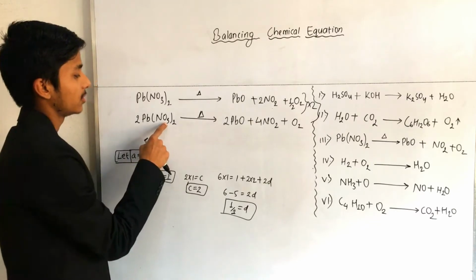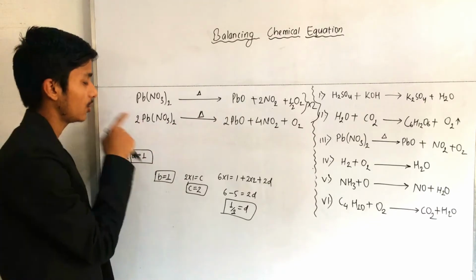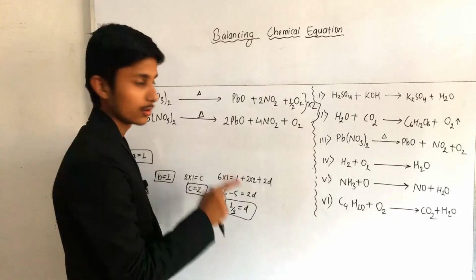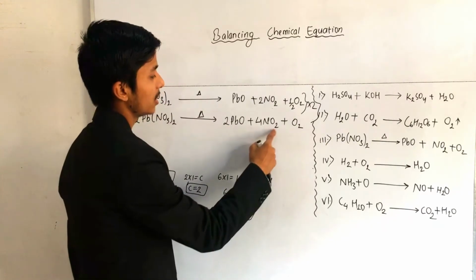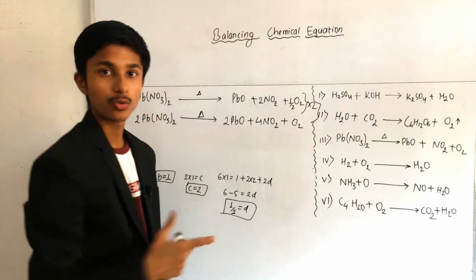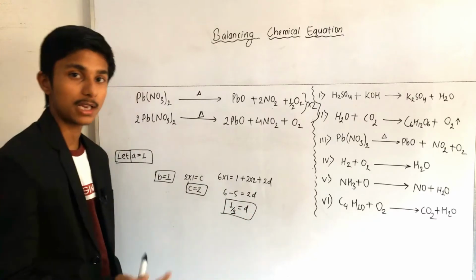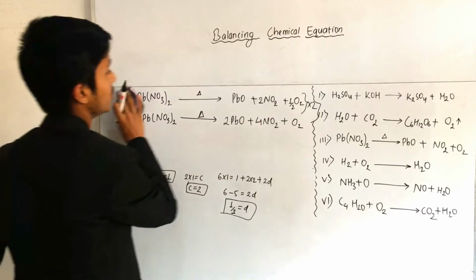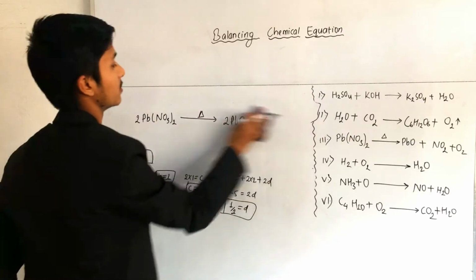For oxygen 3 into 2, 6 into 2, 12, and this side we see 2, and this side 4 into 2, 8, 8 plus 2, 10, 10 plus 2, 12. The equation is balanced.